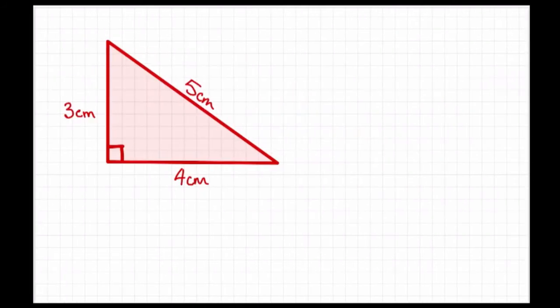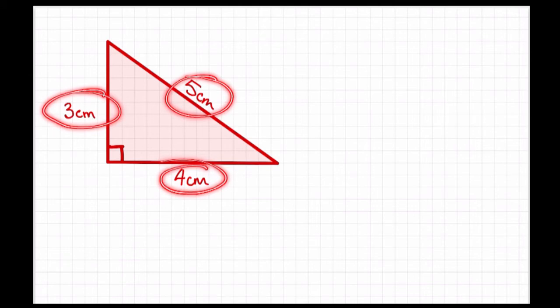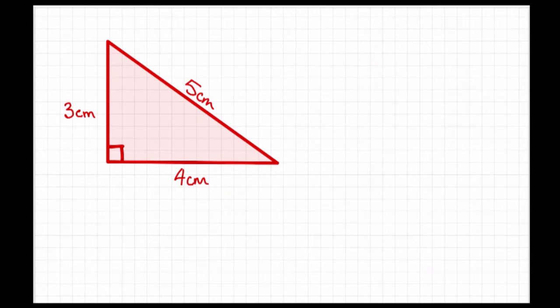Now here's a right angle triangle, and we've got 3 measurements, the 3 sides. We've got the 4, the 3 and the 5. Which ones do we use? Well, remember the height and the base have to be perpendicular, and as we already have a right angle in this diagram, I'm going to choose the 3 as being the height because that is perpendicular to the 4, which is going to be the base.